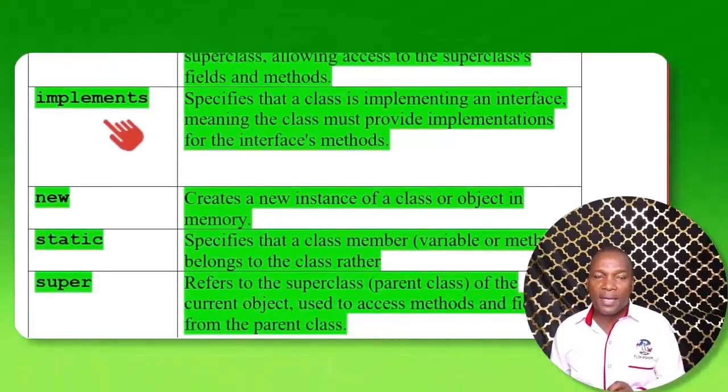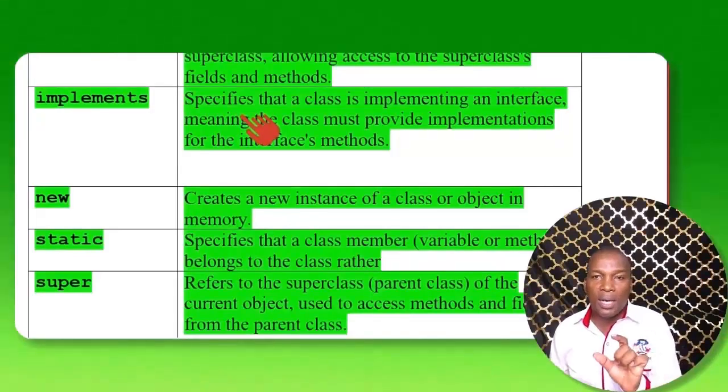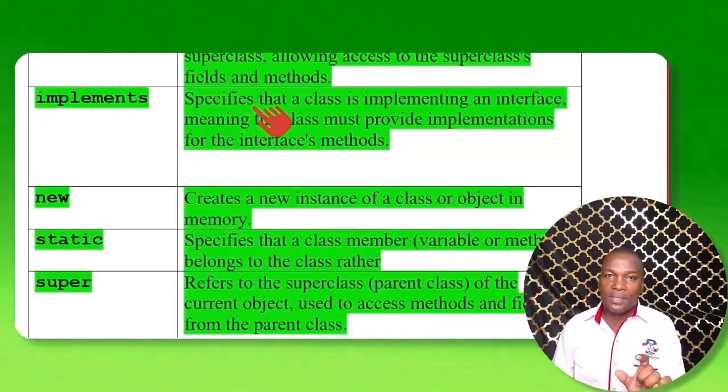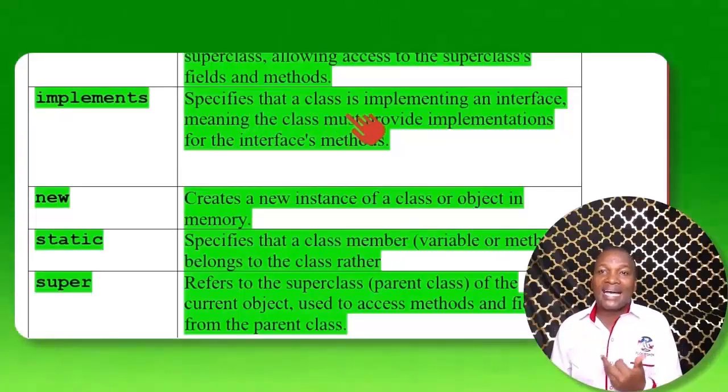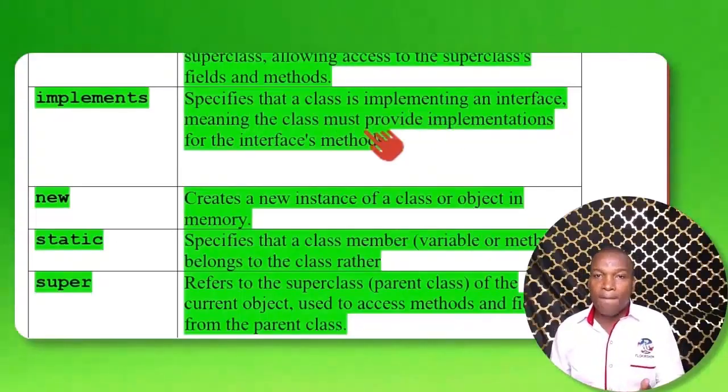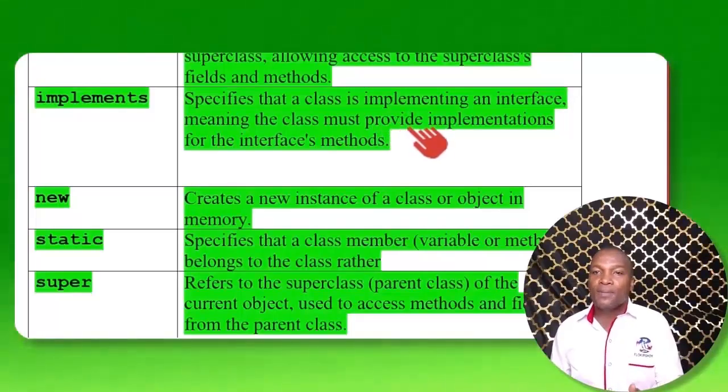Then we have the keyword implements. This keyword features when you are having classes and interfaces, and it specifies that a class is implementing an interface, meaning the class must provide implementations for the interface's methods.